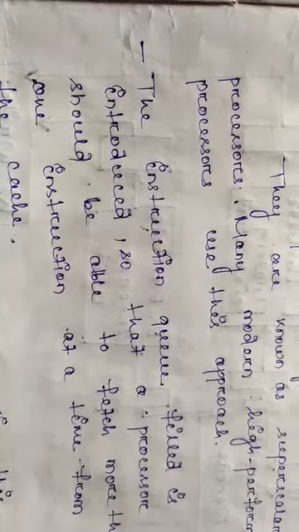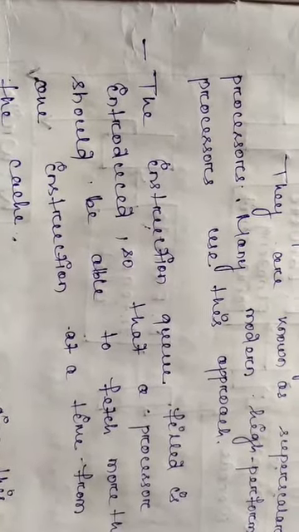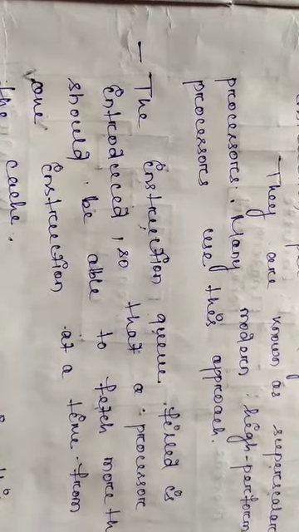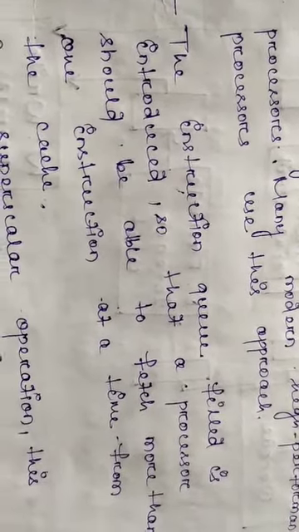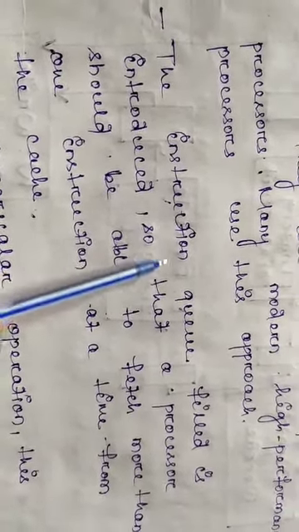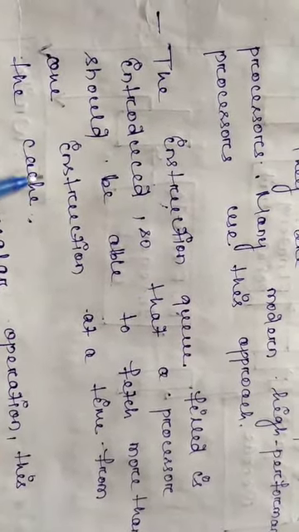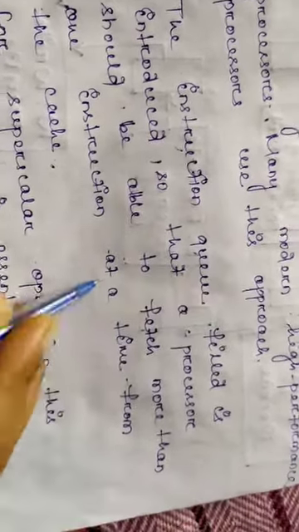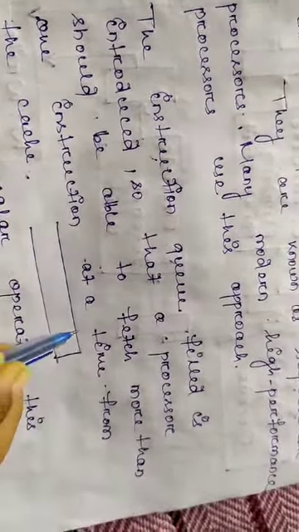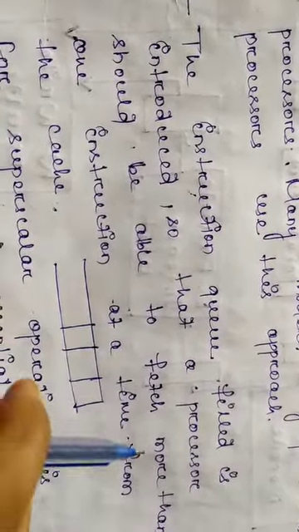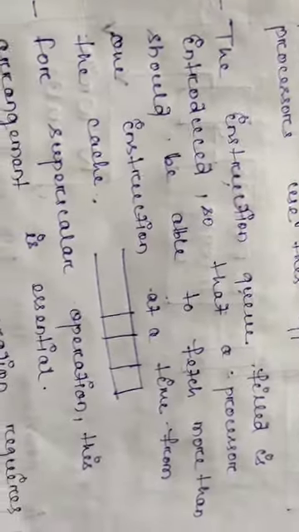Then from the instruction queue it will go to the instruction decoder, and then it will access the control signals. The instruction queue is basically filled with instructions, like a queue structure, so that a processor is able to fetch more than one instruction at a time.